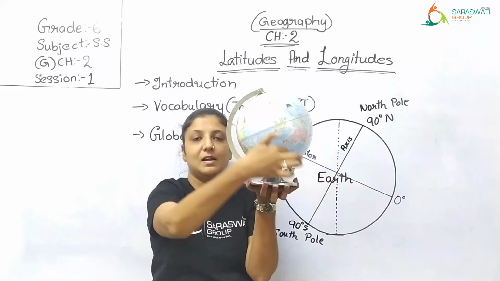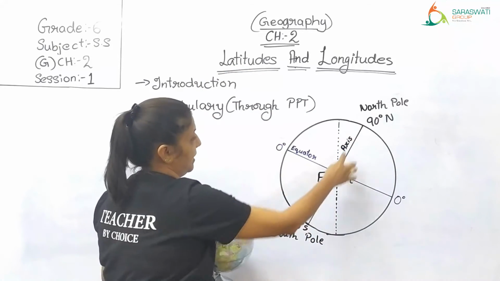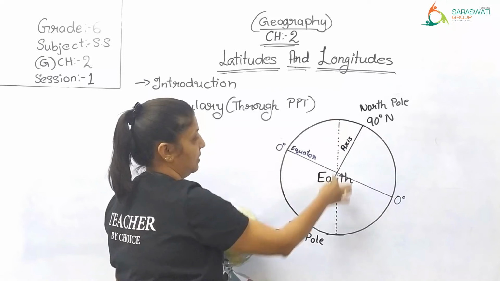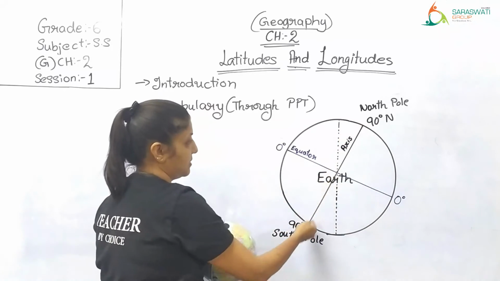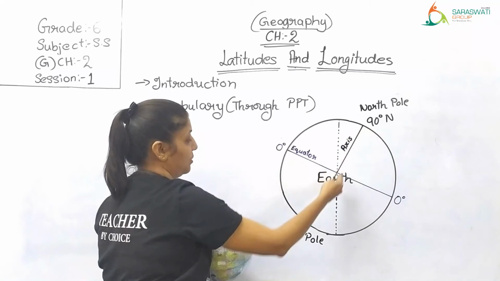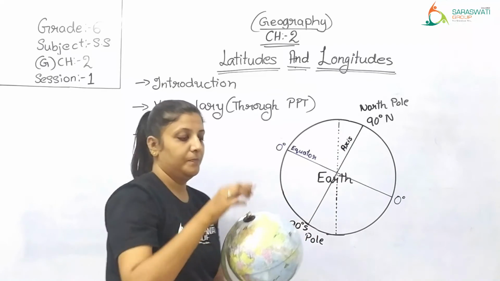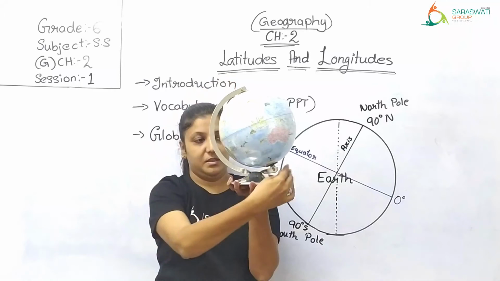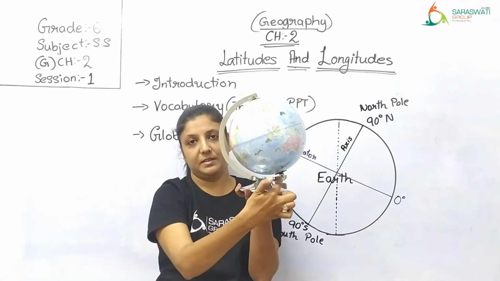So this cross line is its axis. As you can see here, this is the axis, not this. This straight line is not the axis. The axis is this, 90 degree north, 90 degree south, that is the north pole and the south pole. So this is the north pole and here it is the south pole.